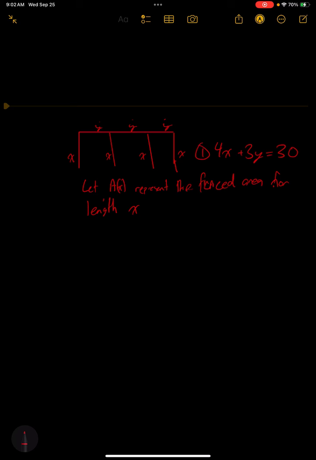So A of x is equal to x multiplied by 3y.